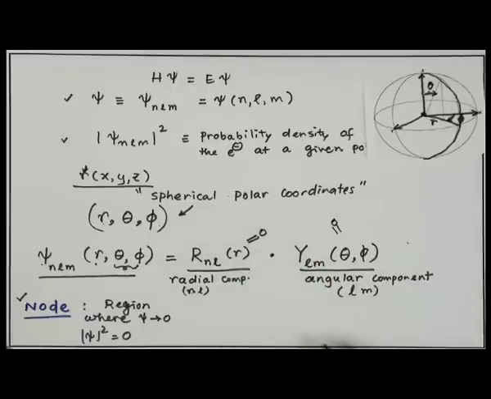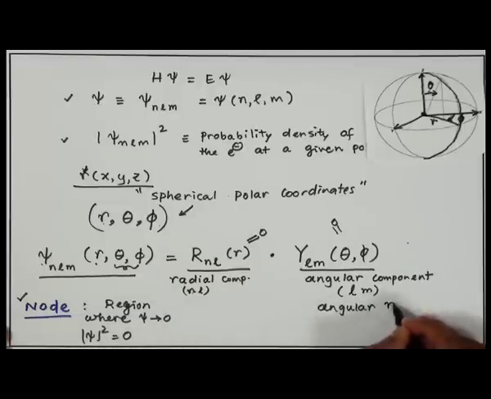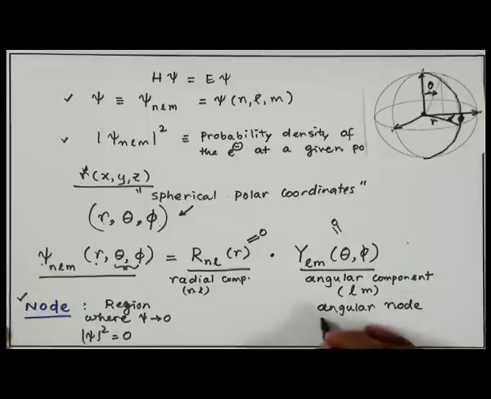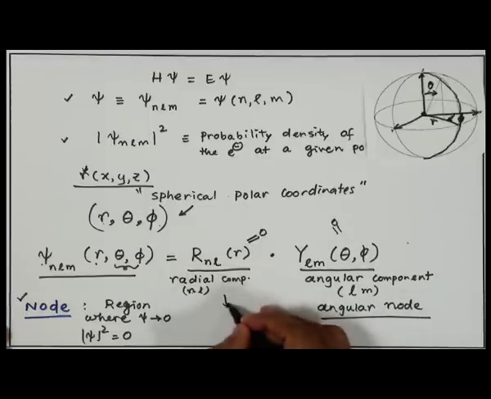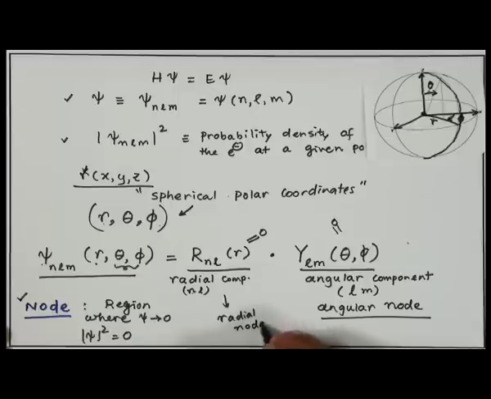When the angular component is 0, that is again a node, because the wave function vanishes. When the angular component is 0, we call that an angular node. When the radial component is 0, we call that a radial node. So, when the radial component is 0, this is a radial node.